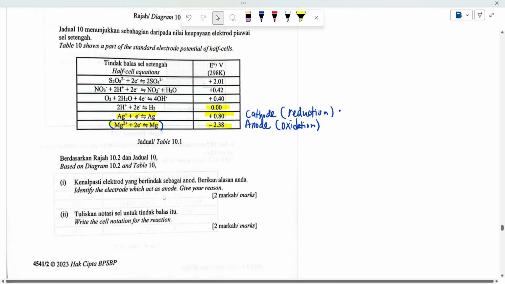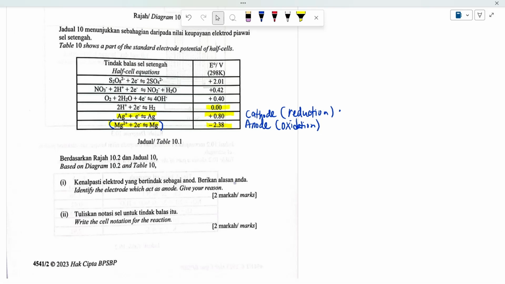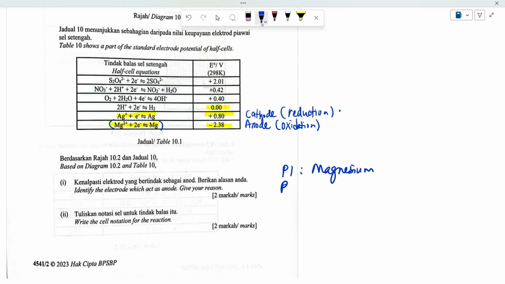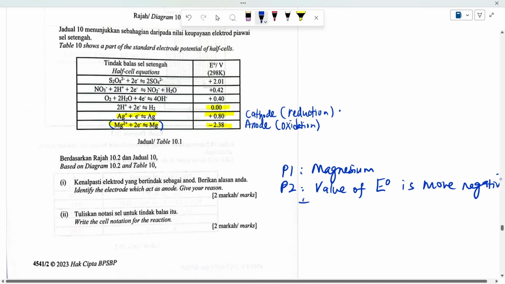Now identify which electrode acts as the anode. Magnesium, right? So this one, point 1, is magnesium. Why? The value of E naught is more negative, more negative than silver.